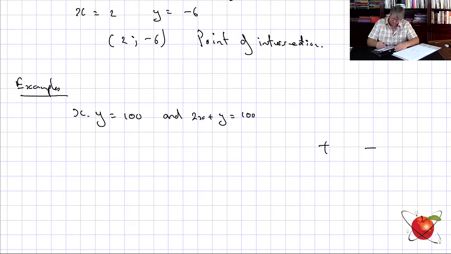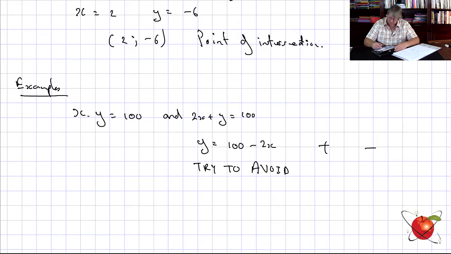What we do is rearrange this: y is equal to 100 minus 2x. Please note, try to avoid creating a fraction.